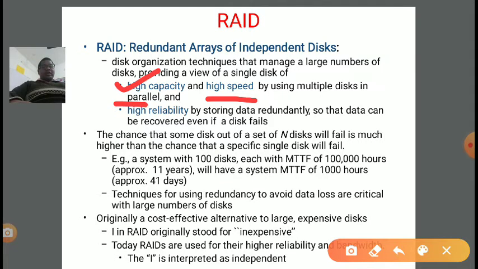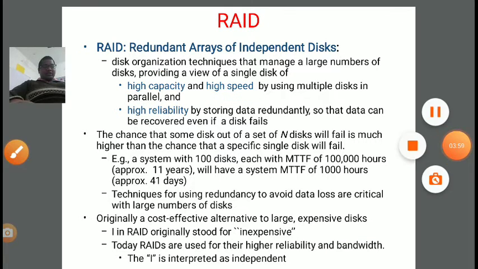Now, the chance that some disk out of a set of n disks will fail is much higher than the chance that a specific single disk will fail. There is a higher chance of failure, okay, but some disks will not be affected. That's why the data will be available on the corresponding disk, right?